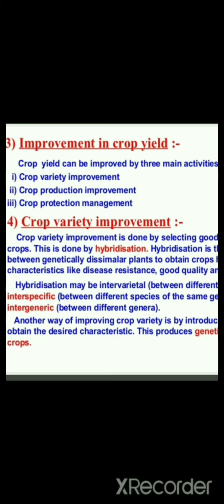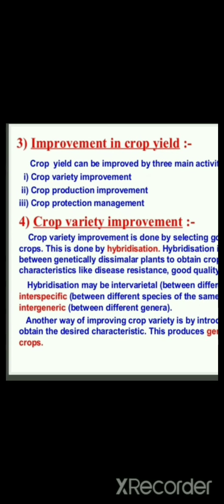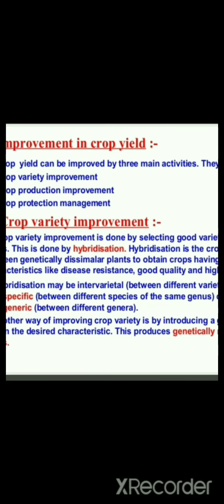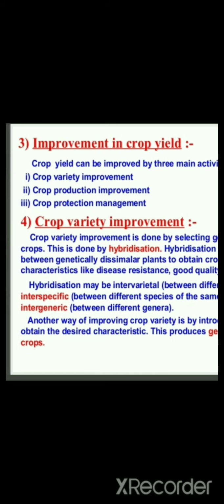This is done by mixing. Mixing is called hybridization. We mix genetically different plants to obtain good yield, better resistance, and good variety. Hybridization may be intervarietal, that is between different varieties, or interspecific, between different species of the same genus, or intergeneric, that is between different genera.